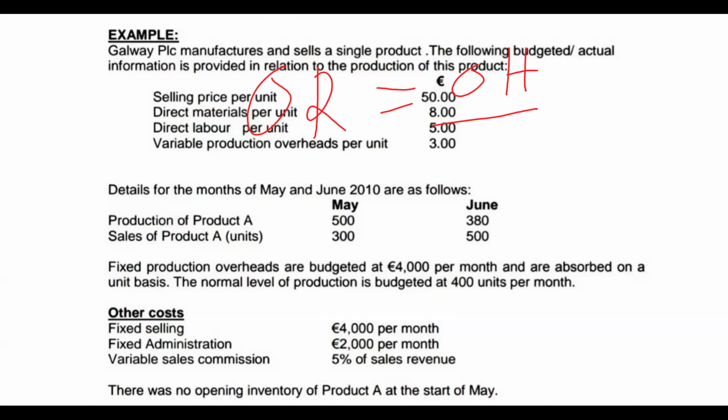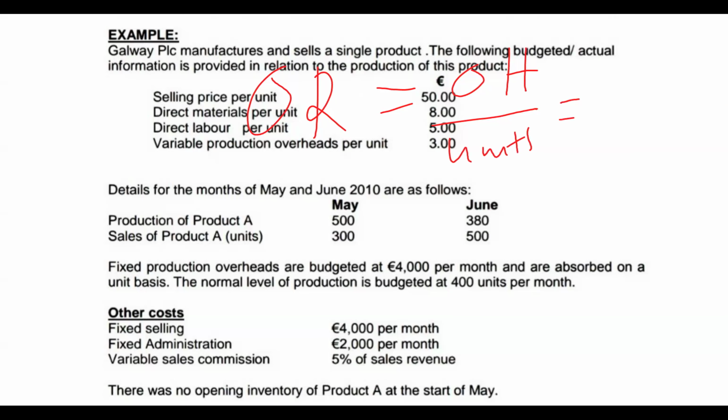If you are told that it is absorbed based on machine hours, then you divide by the number of machine hours that you have. If it's by labor hours, you divide by the total number of labor hours. But in this question, we are told that the absorption is done on the basis of units. So you divide by the number of units. This is determining the rate at which we are going to absorb the overheads.